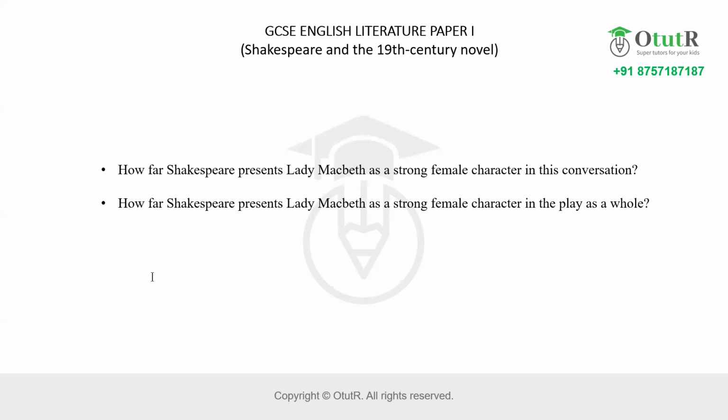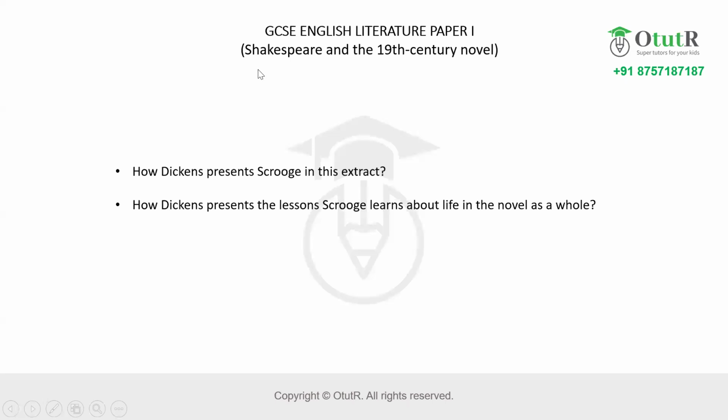Now we will move to section B. For section B, we have chosen this from A Christmas Carol by Charles Dickens. The structure of the paragraph is going to be the same, so I would just highlight the points you can include in the paragraphs in your essay.